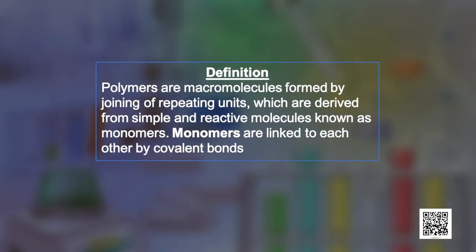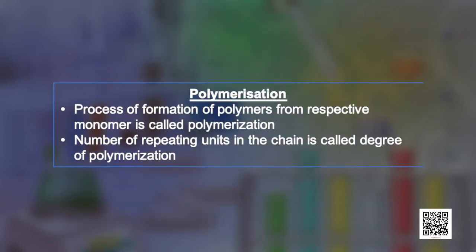Thus, polymers are macromolecules formed by joining of repeating structural units on a large scale. The repeating structural units are derived from simple and reactive molecules known as monomers, which are linked to each other by covalent bonds. The process of formation of polymers from respective monomers is called polymerization.